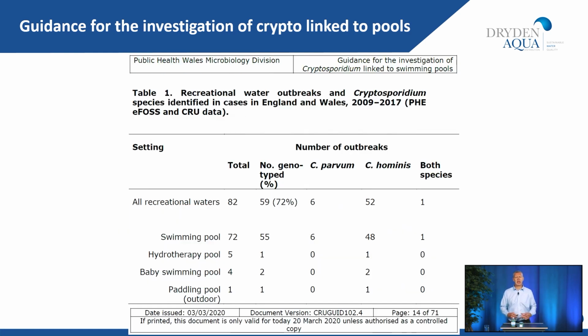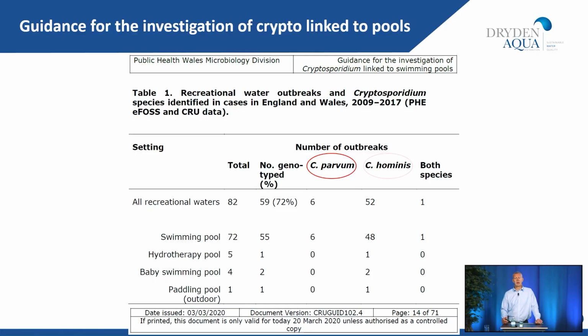It goes on to tell us about this study that was carried out, I know it's some time ago now, between 2009 and 2017. There are 2 different types of cryptosporidia that we can experience. The first one is coming from animals, largely. This is Cryptosporidium parvum.